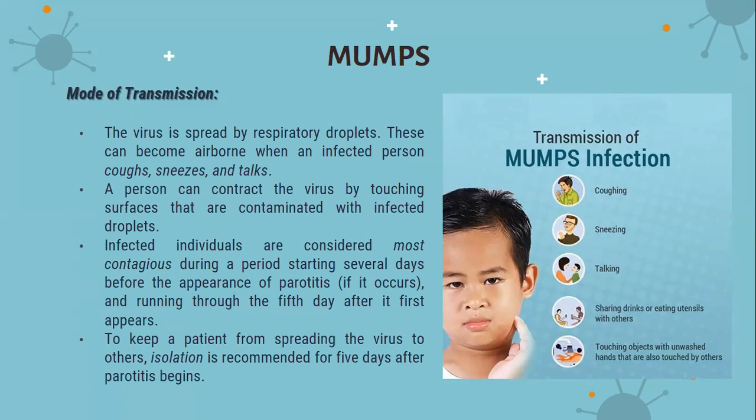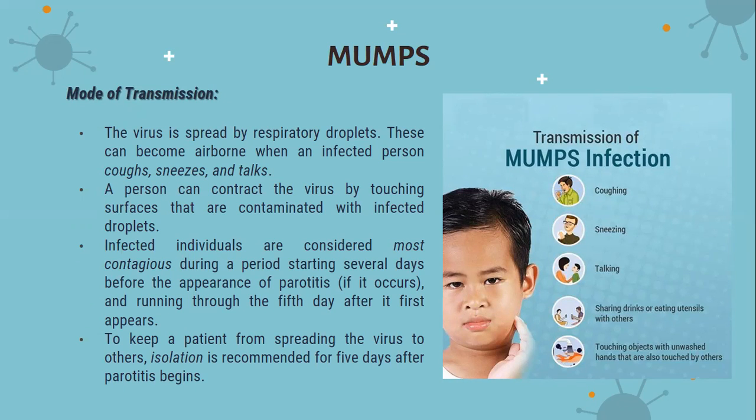The virus is spread by respiratory droplets. These can become airborne when an infected person coughs, sneezes, and talks. So it is very contagious, through droplets. You can get it from coughing, sneezing, and also from talking to an infected person.